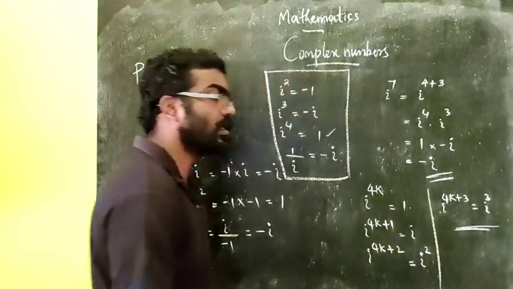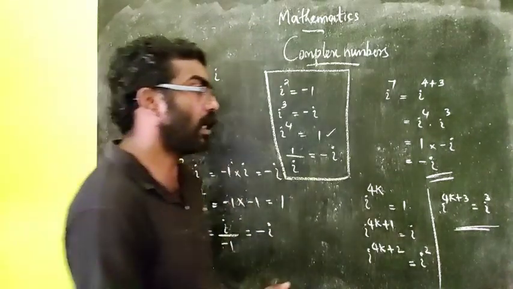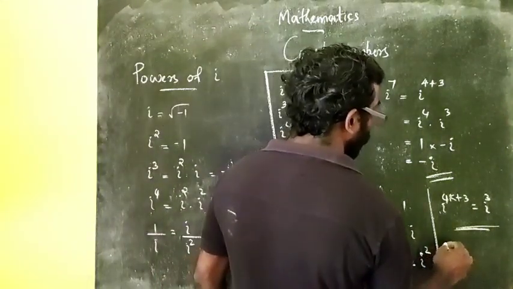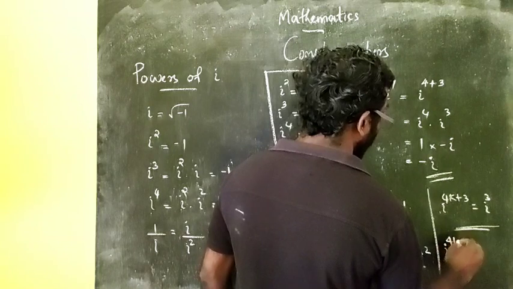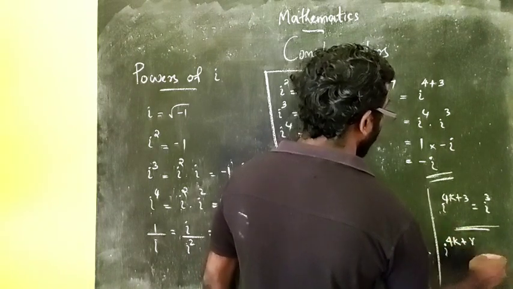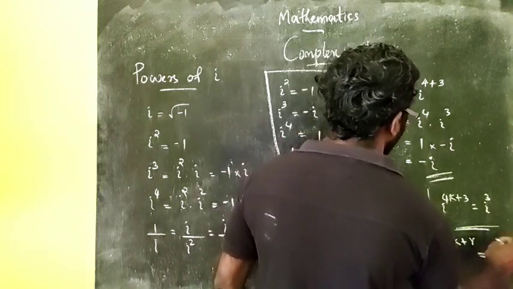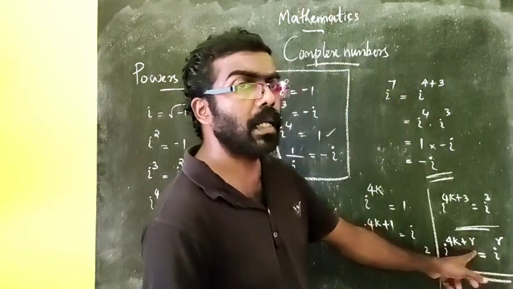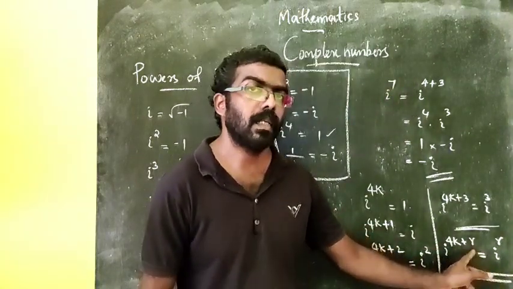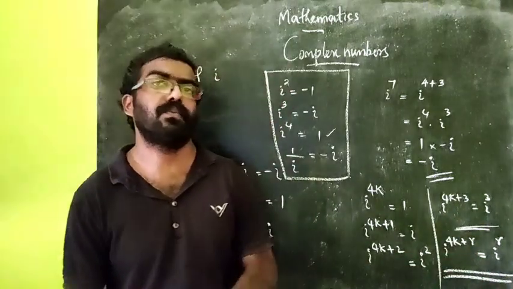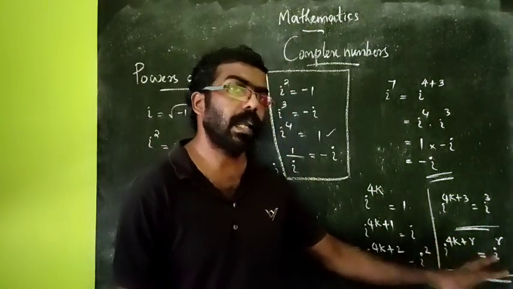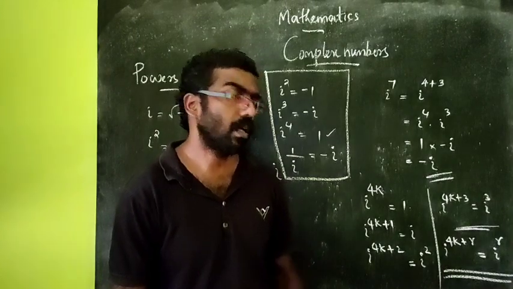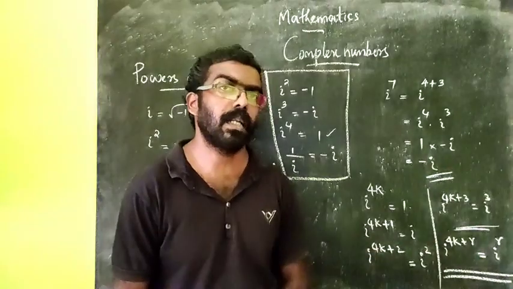Okay, that means we can generalize like that: i^(4k+r) will be equal to i^r, where r is the remainder obtained when dividing the power by 4. 4k means the multiple of 4, then plus r, the remainder.